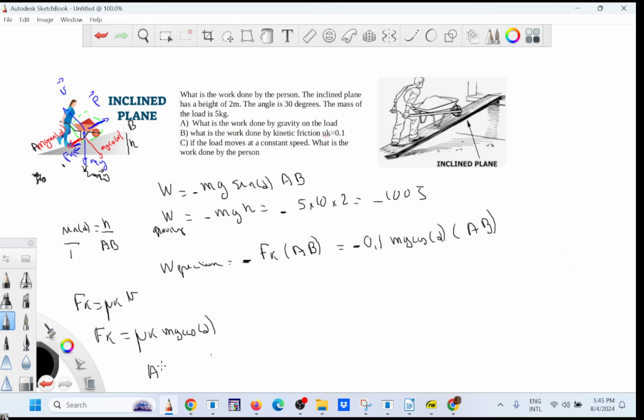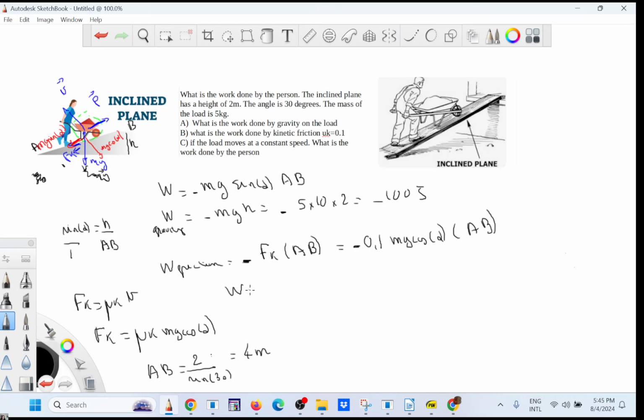And AB is that distance here. So it's going to be h divided by sine 30, so 2 divided by sine 30. Sine 30 is 0.5, so that's going to be 4 meters.